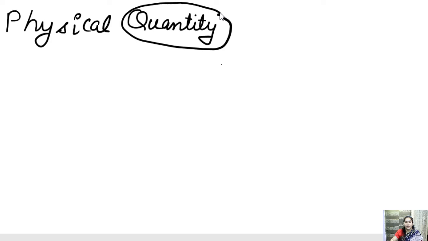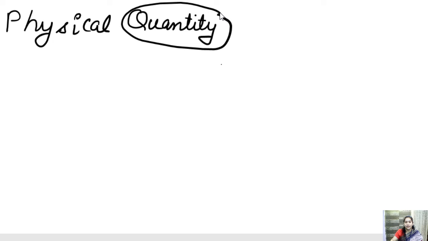I'll take one example. Let's take this one line. The first point is A and the last point is B. If I ask you to measure the length of this line, can we measure it? Yes, definitely we can measure it with the help of a ruler.